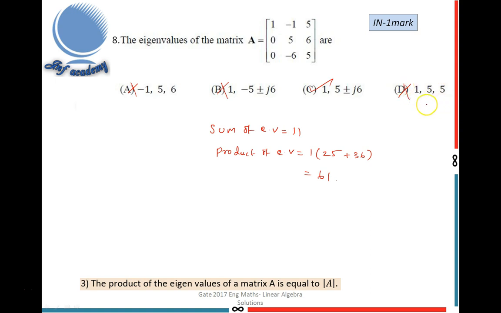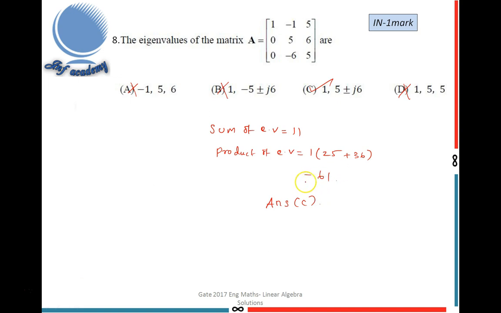So it is wrong because the product of eigenvalues should equal 61. Only option C satisfies these two conditions: the sum of the eigenvalues is 11 and the product is 61. So option C is the correct answer.